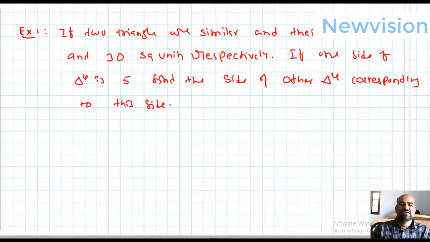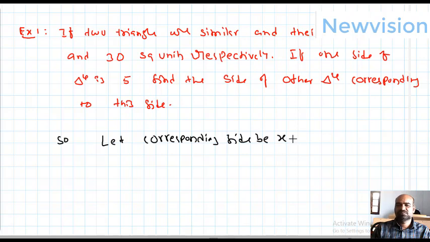Okay, I just want to answer directly. So let the corresponding side be x. According to the problem, area of first triangle by area of second triangle equals side 1 squared by side 2 squared.